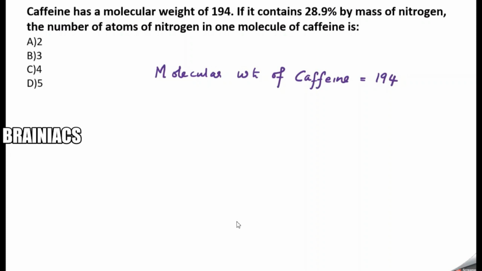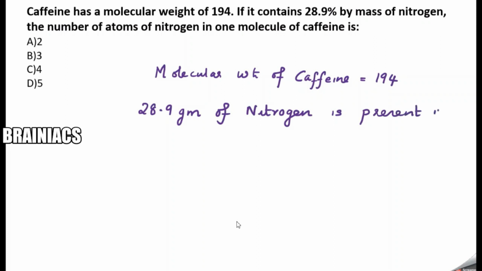What does that mean? That means 28.9 gram of nitrogen is present in 100 gram of caffeine.